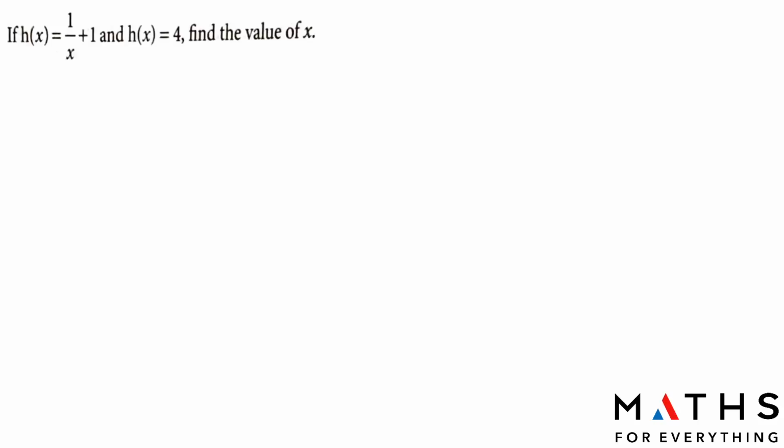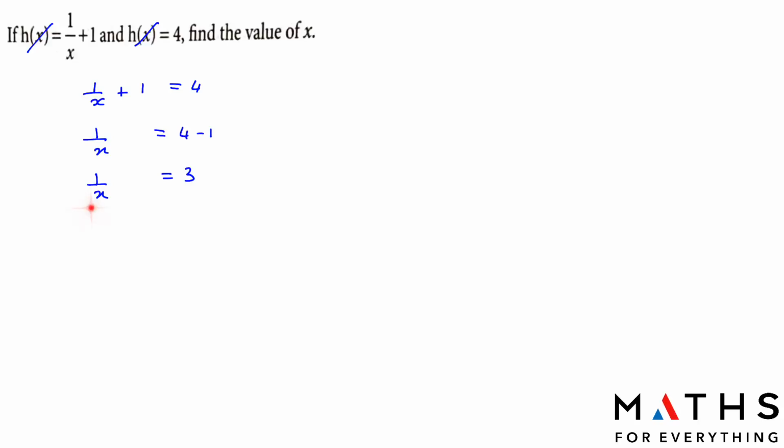In this question, we have h of x is equal to 1 over x plus 1 and h of x is equal to 4. Find the value of x. Again, they are equal to each other, therefore we can write 1 over x plus 1 is equal to 4. 1 over x is equal to 3.